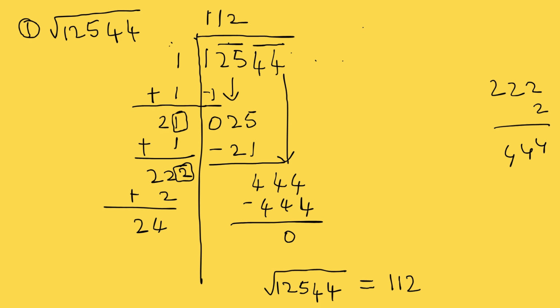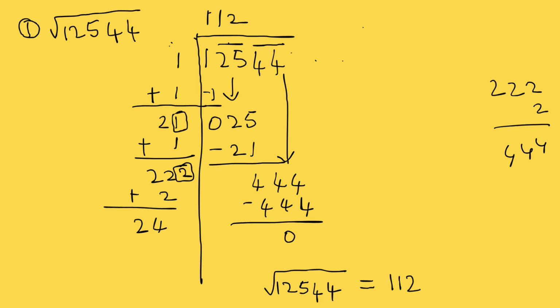Now we will repeat the same step. That is, you will look for a number next to 22 which will give a number close to 444, less than or equal to 444. So 222 multiplied by 2 will give you 444.